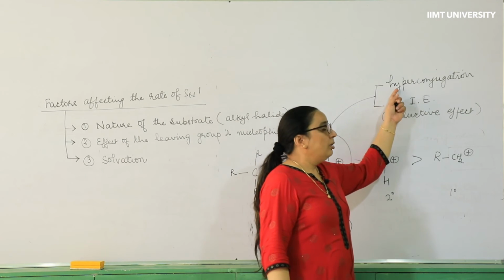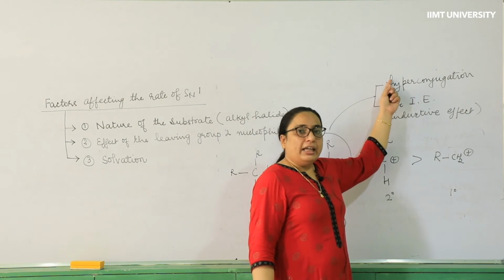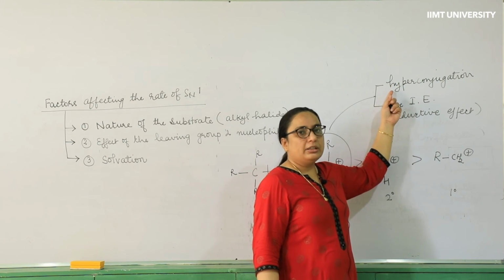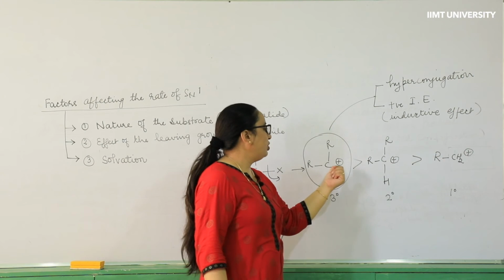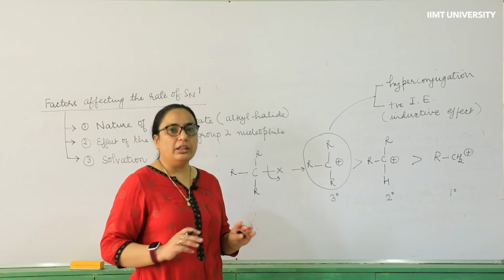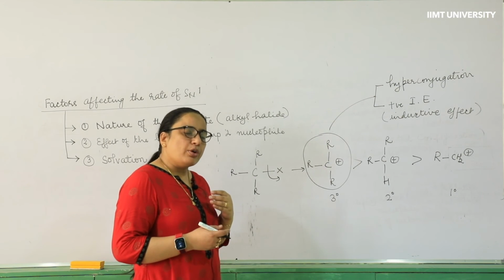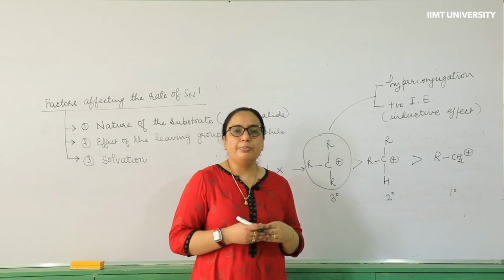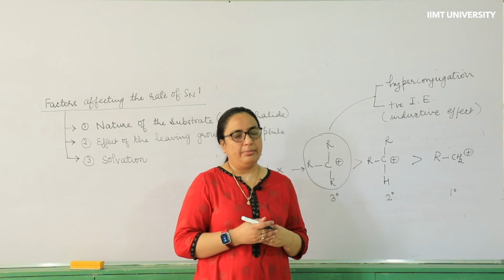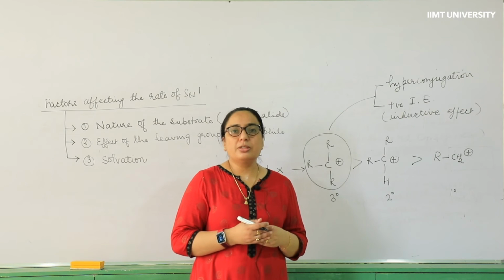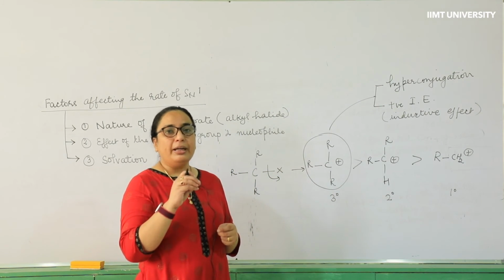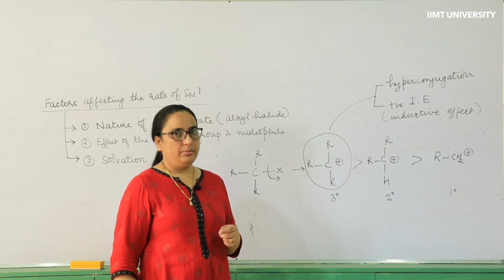These two are the reasons, or these two are the processes or phenomena by which the positive charge which is present on the carbon gets equally distributed over the other atoms. Any process in the system which brings the dispersal of charge is supposed to stabilize the system, and any process which brings the concentration of charge over a point brings instability in the system.